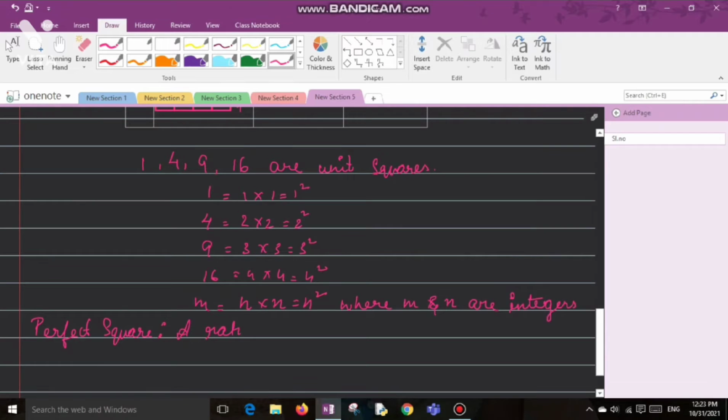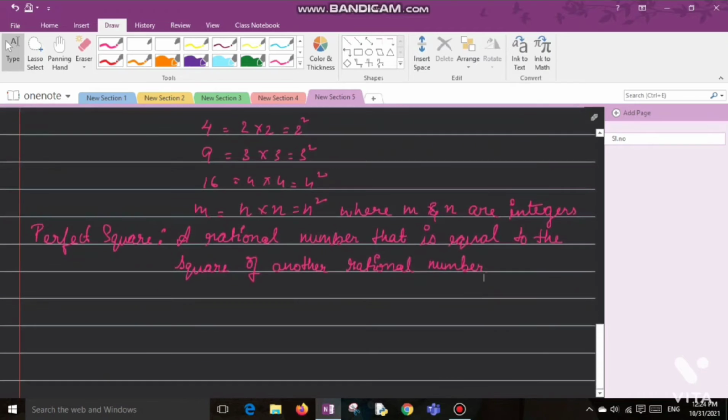A rational number that is equal to the square of another rational number.